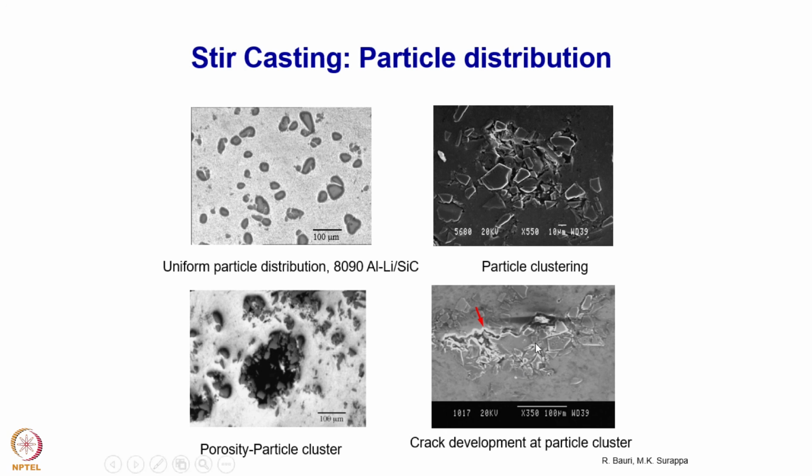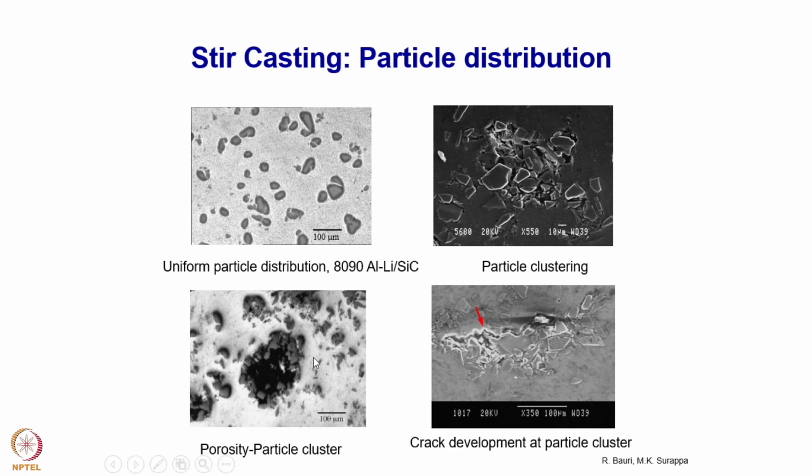So that is why, as I said before, it is always recommended to avoid clustering or agglomeration of particles, and you should have a composite where the distribution is like this, where the particles are uniformly distributed across the matrix material.